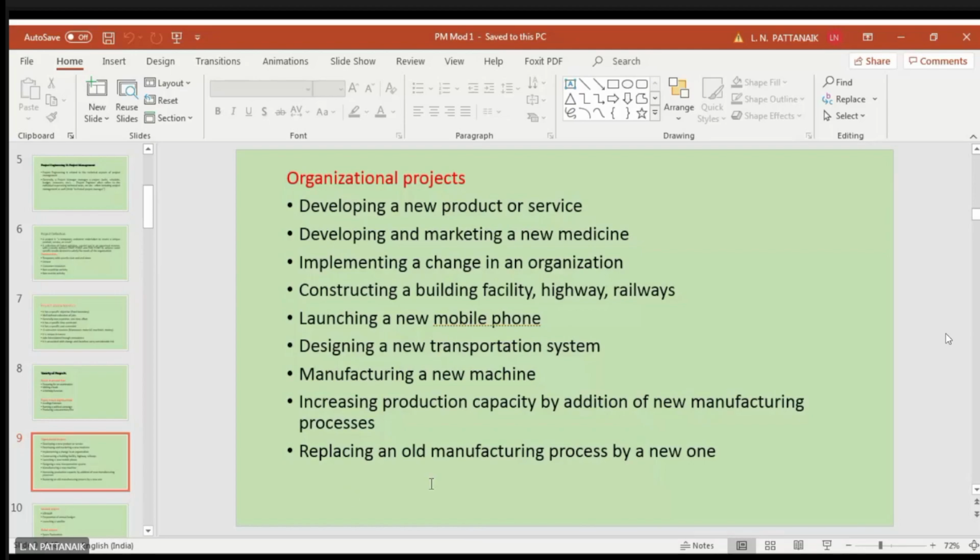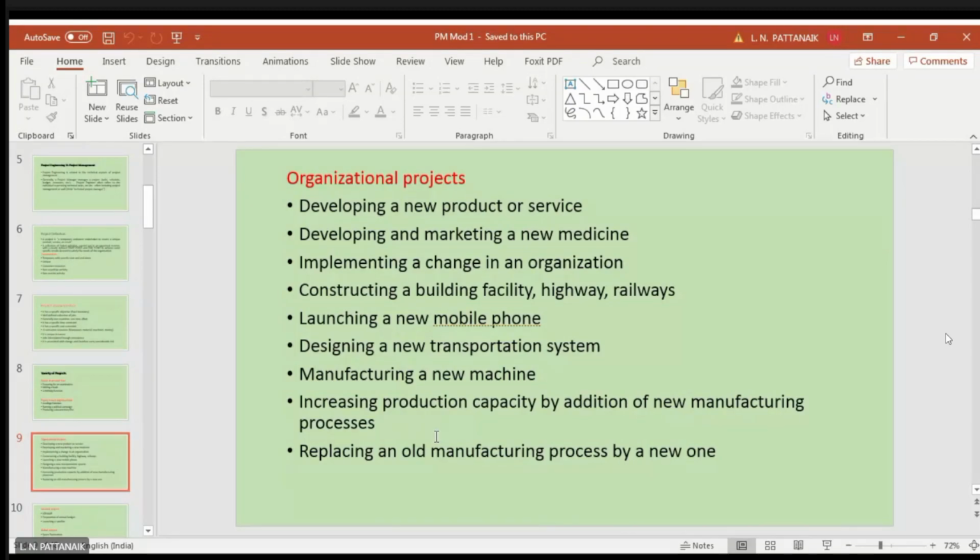Increasing production capacity by adding new manufacturing processes. Yes, it is a one-time effort. You want to increase your capacity, so expansion of your plant is a project. Replacing an old manufacturing process by a new one is also a project. Suppose you found that the technology you are using is becoming obsolete. You want to replace it with state-of-the-art technology.